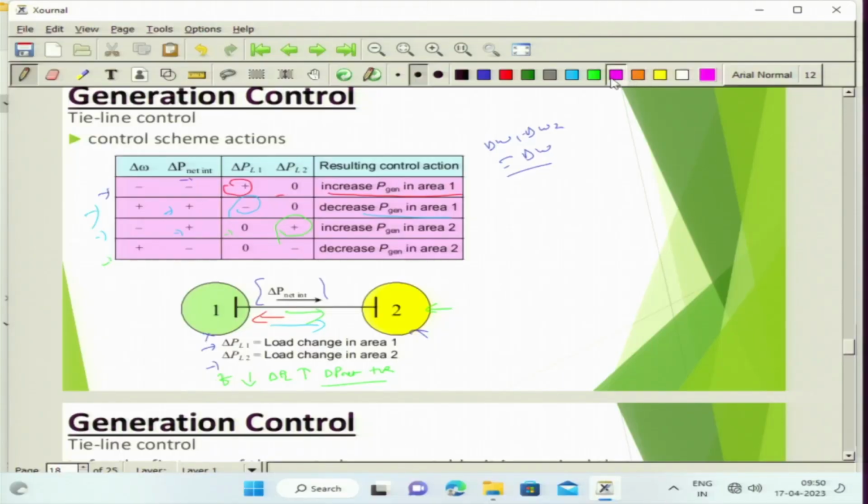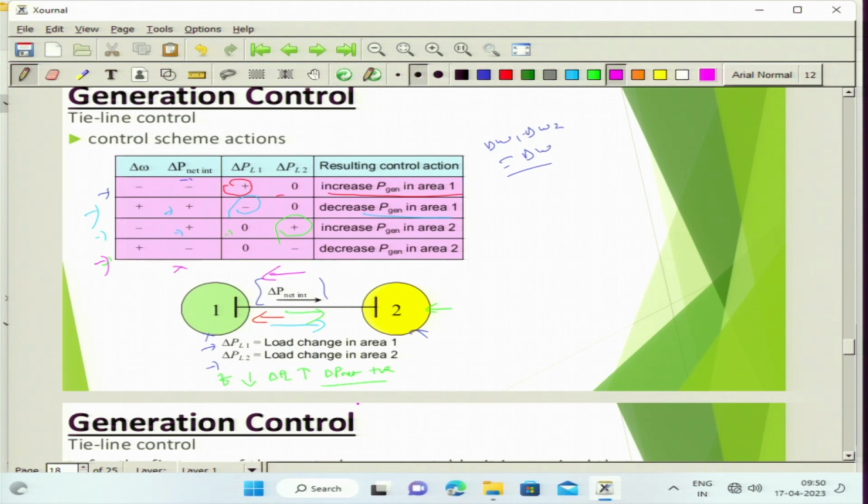And the last case is where frequency is again increasing. That means obviously there is a decrease in load somewhere, right? Frequency is increasing and delta P net interchange is negative. That means power flow is happening from network 2 to network 1. So what is happening here?